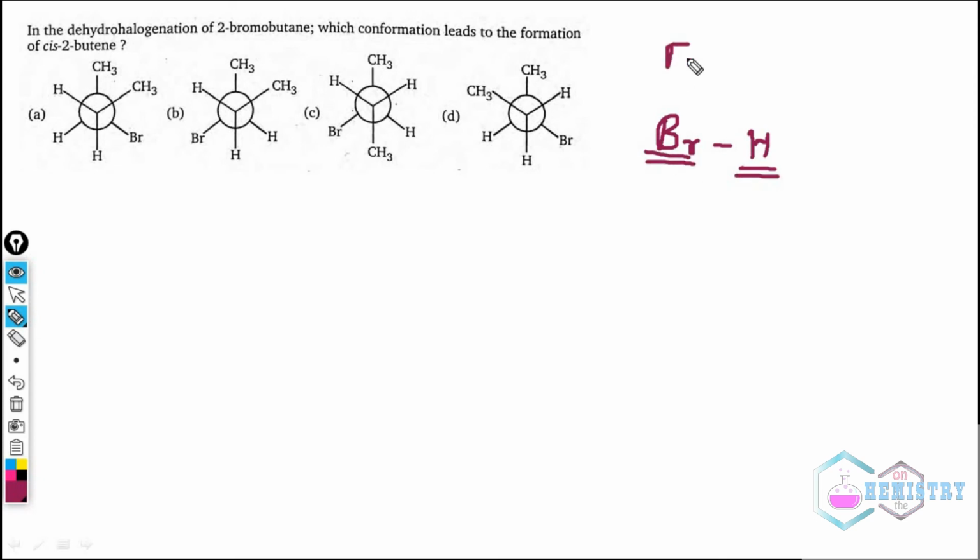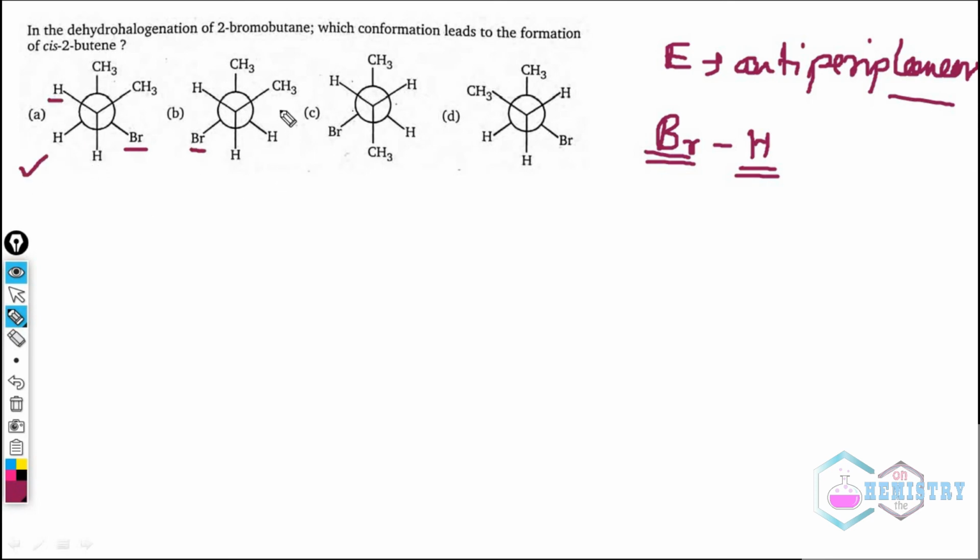As we know, during elimination reaction, anti-periplanar position is always preferable. So bromine and another hydrogen will always be anti. So look, in this case the bromine and the hydrogen are in anti position, so it is a favorable position.